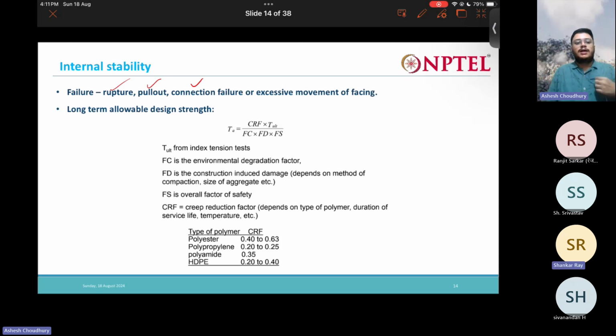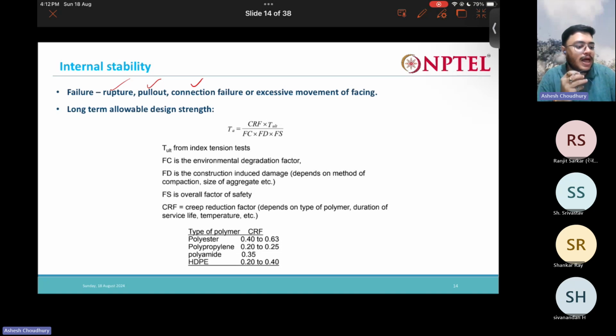Now one more important point here is the long-term allowable design strength. What we do is various tests, and we calculate the ultimate tensile strength of the reinforcement.